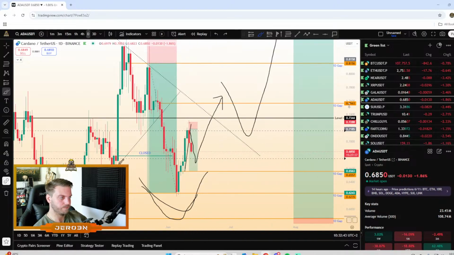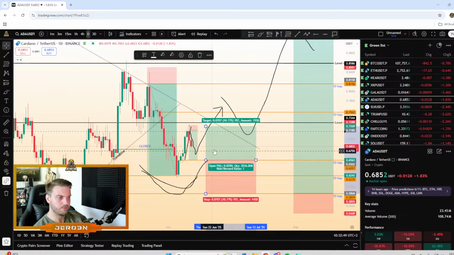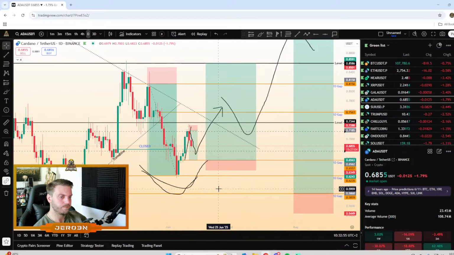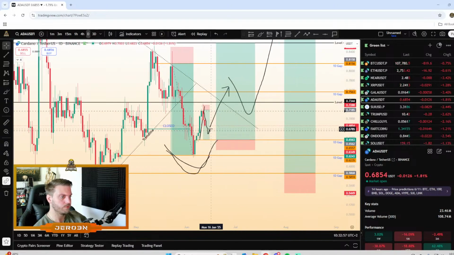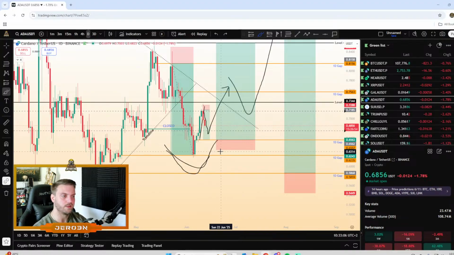And this could mean that eventually it's a possibility for a long setup to break out, and if not, so if we will not bounce from here, we have this gap which might retest again.